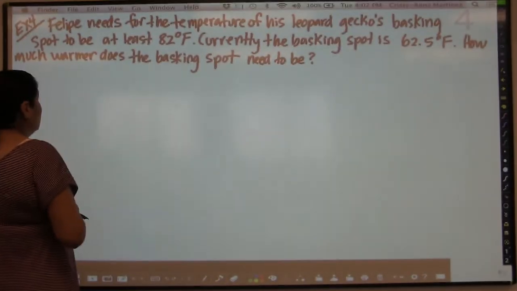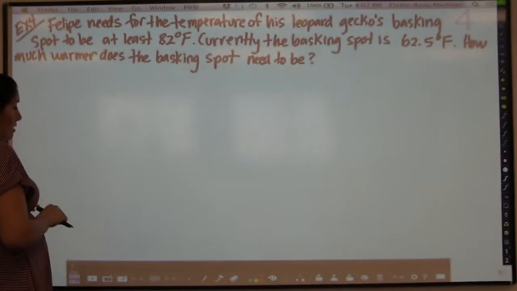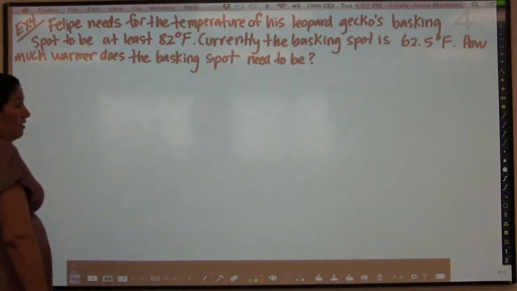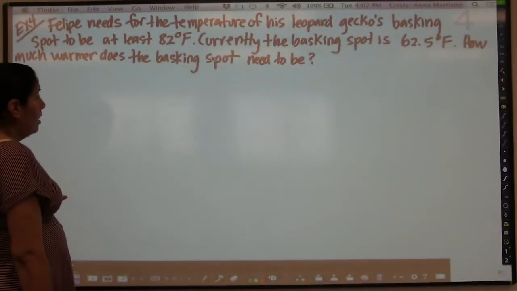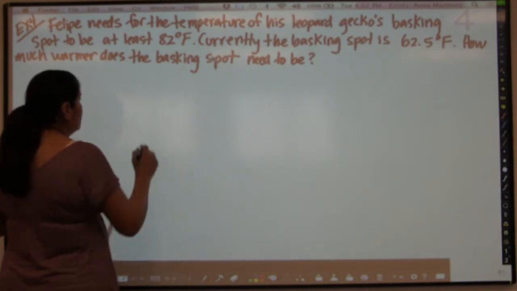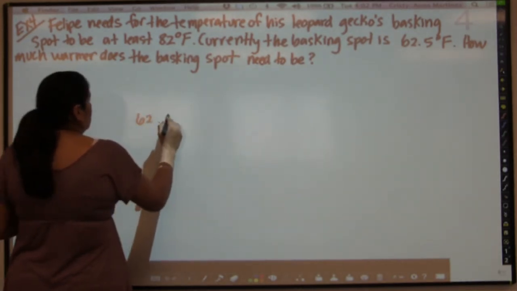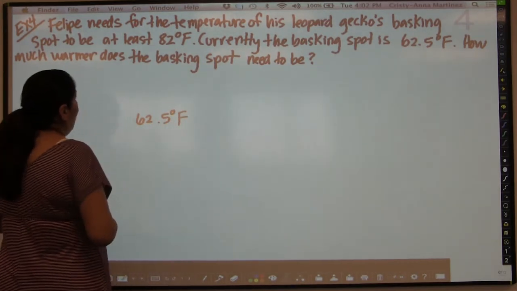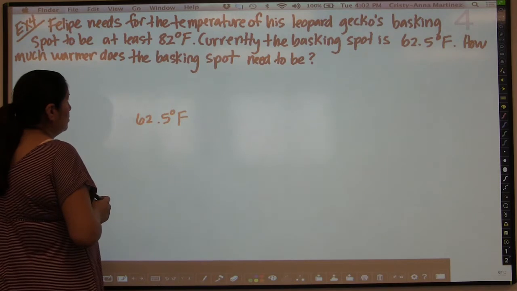How much warmer does the basking spot need to be? So we need to first and foremost write ourselves an inequality. Currently the spot is 62.5 degrees Fahrenheit. And it needs to be at least 82 degrees Fahrenheit.